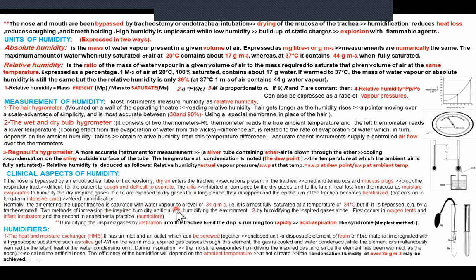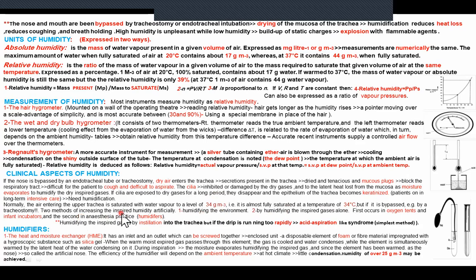So normally we ought to have around 34 gram per cubic meter of water in the upper airway whenever the temperature is 34. Of course, whenever the temperature is increased to 44, as we said before, this amount will increase. So we ought to have this amount naturally during anesthesia.